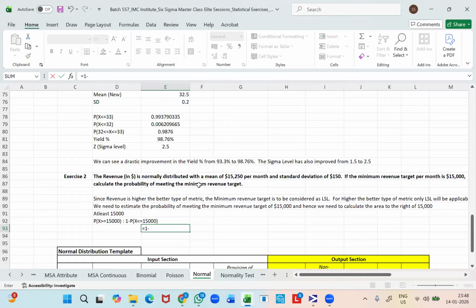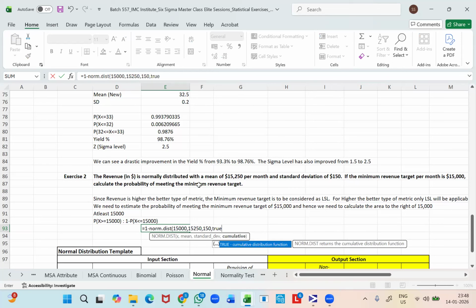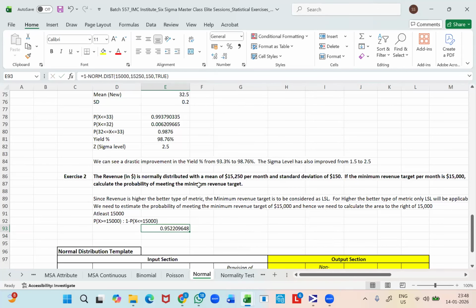Now we can find out 1 minus P of X less than or equal to 15,000. So this will be 1 minus NORM.DIST open bracket, 15,000 is the X value, mean is 15,250, standard deviation is 150 and cumulative will be true. And we need to round this off to 4 decimal places and provide the inference.